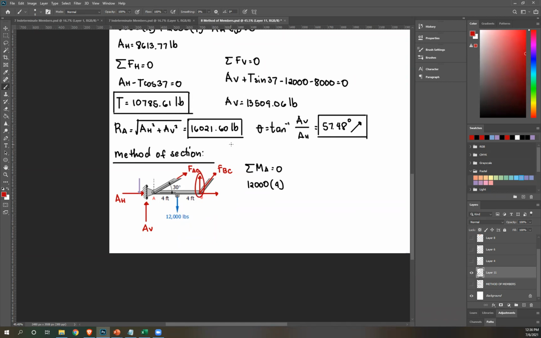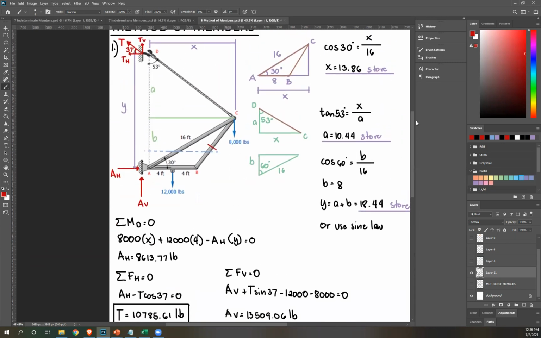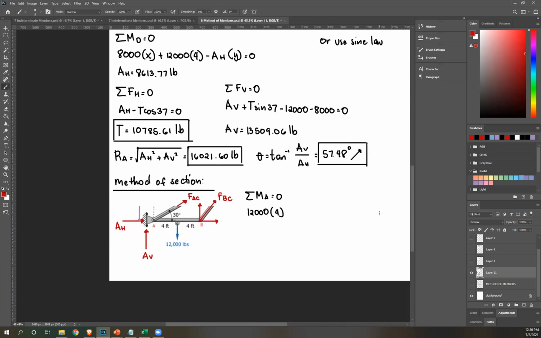Now, to get the vertical component, I either need the angle or its slope. There's no slope given, although you can solve for it if you want to. I just need this base and height to get the slope of BC, or you can solve for the angle. The angle that we need to get its vertical component is this angle right here.